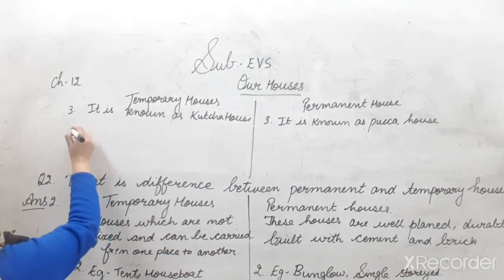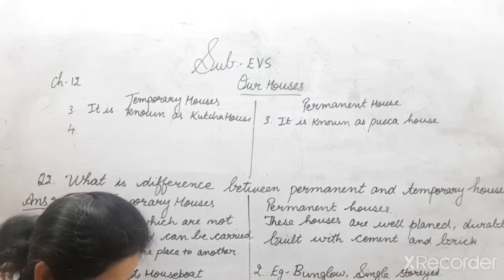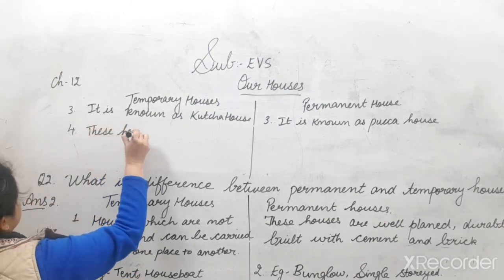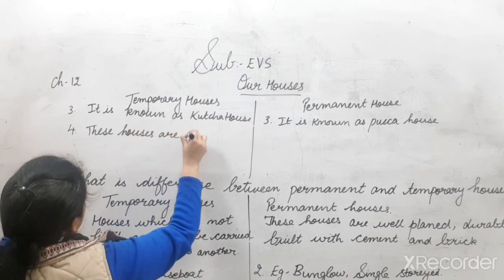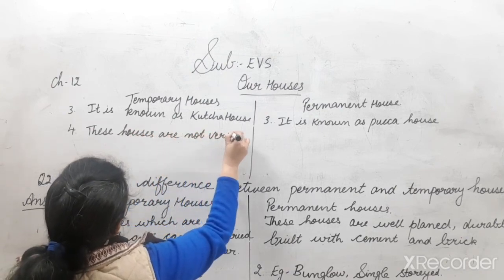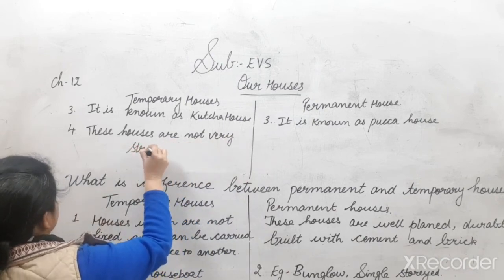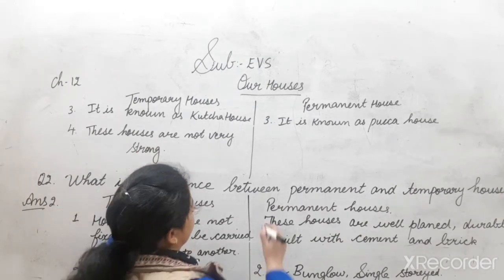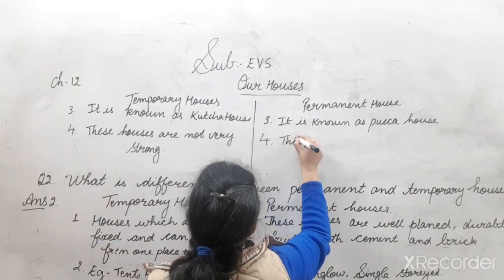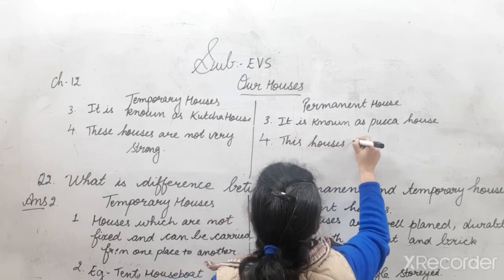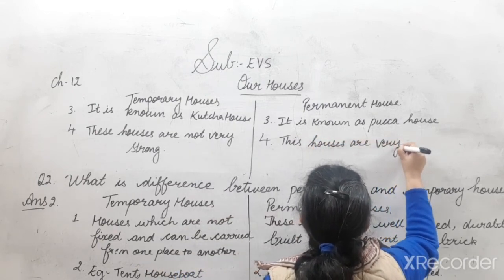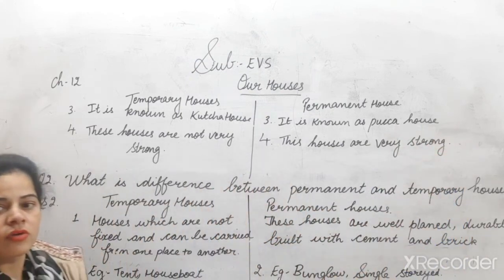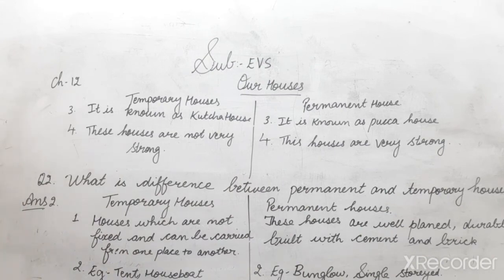Okay, and the fourth point, last point, these houses are not very strong. And fourth one, these houses are very strong. So these are the 4 points of Kacha house and Pakka house.